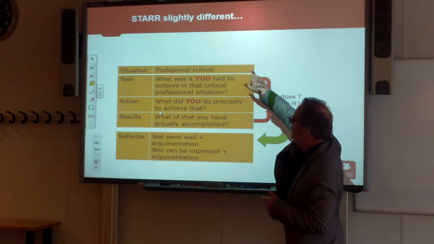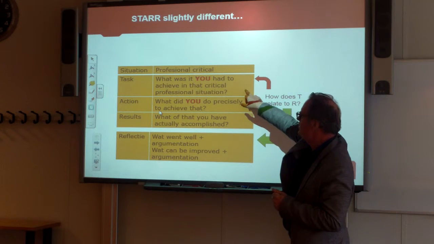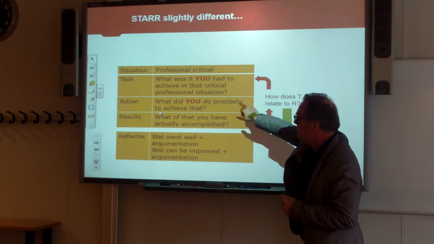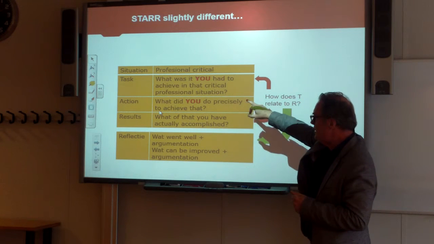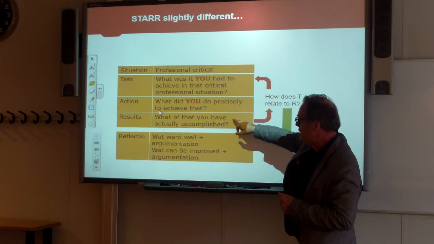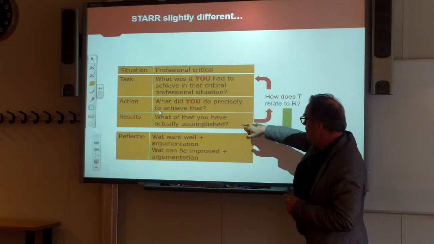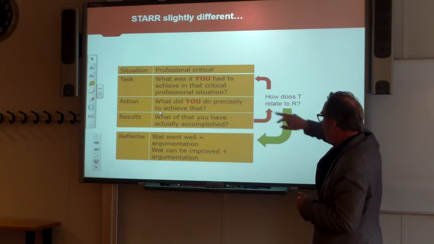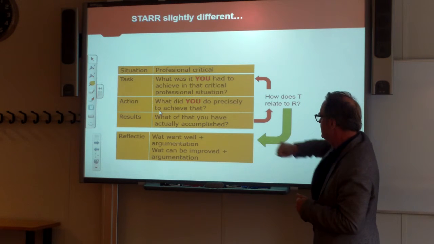So, critical situation, what was it, what did you have to achieve in that critical situation? What did you do in order to achieve that in that critical situation? And what precisely were your results in that specific situation? And when you do it like this, you can compare the results to the task. How does T, the task, relate to the R, the results?